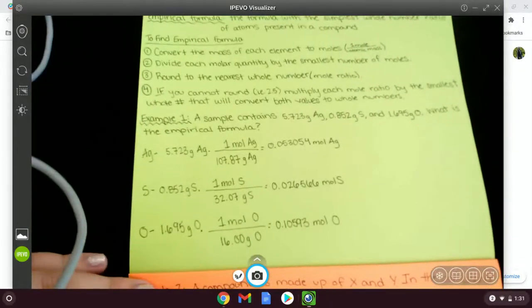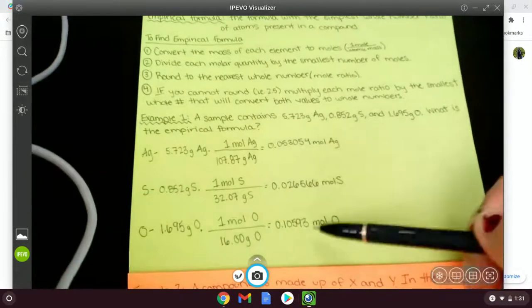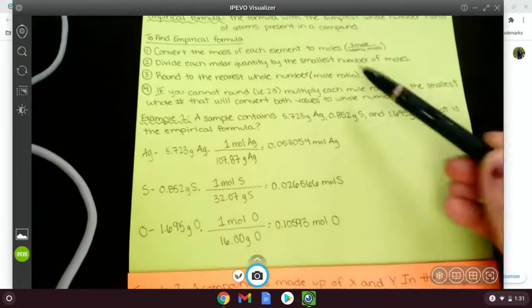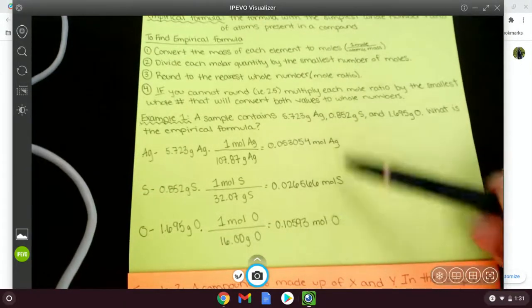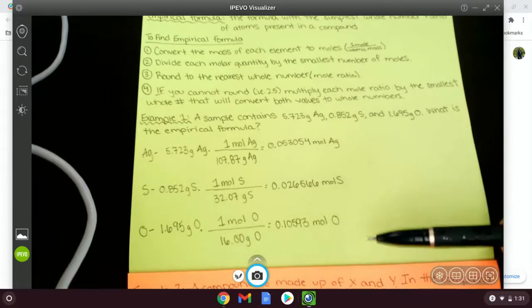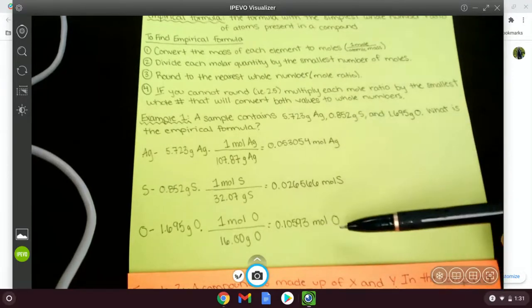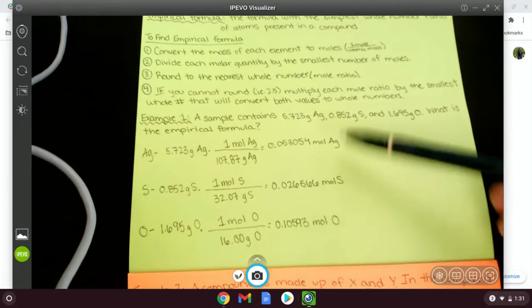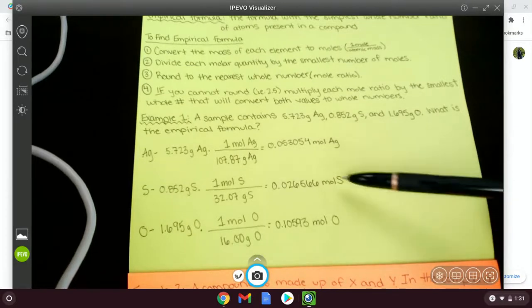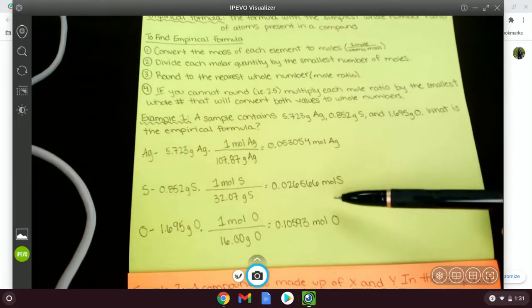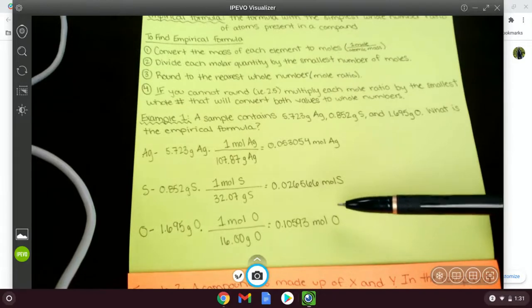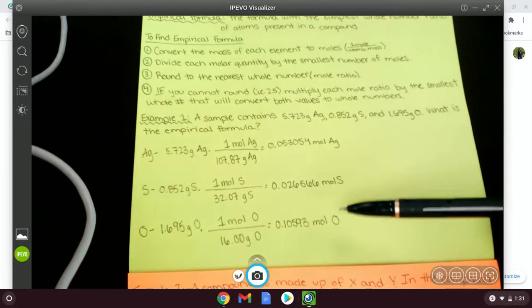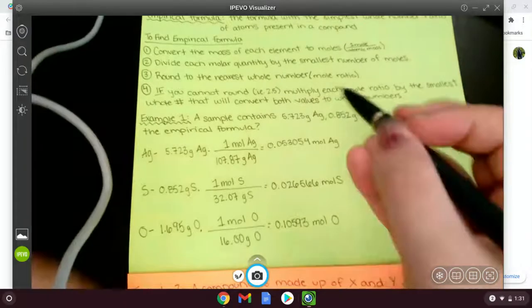Now step 2 is to examine these 3 mole values and divide each of them by the smallest. So looking here, my 0.1, that's the largest, and it's between 0.05 and 0.02. So this 0.026566 is the smallest, so we're going to go ahead and divide each number by this.